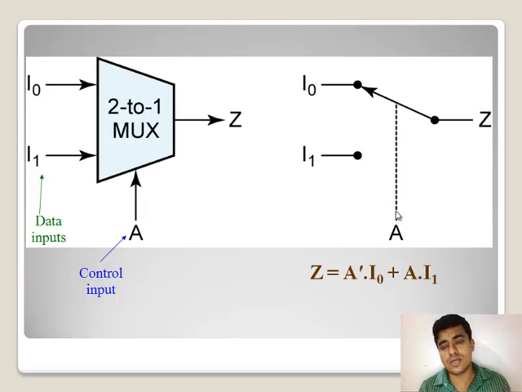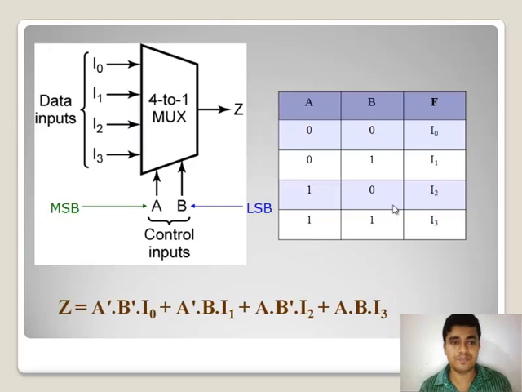The complete output equation is given below, that is Z = A' . I0 + A . I1. Means at this position it is connected to I0, it is A', and if it is connected to I1 it is A. So combined at the output we see the multiplication and addition for output Z.